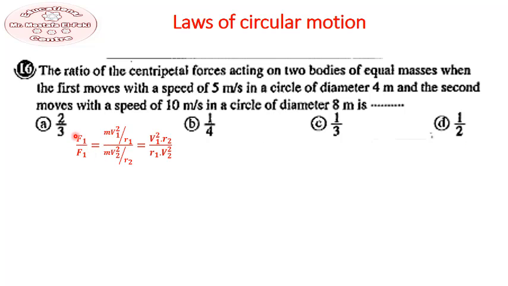Since F1 divided by F2 equals mv1 squared divided by r1 over mv2 squared divided by r2, then m equals m. Then v1 squared divided by r1 times r2 divided by v2 squared. Then F1 divided by F2 equals 5 squared times 4 divided by 2 times 10 squared, equal to half.